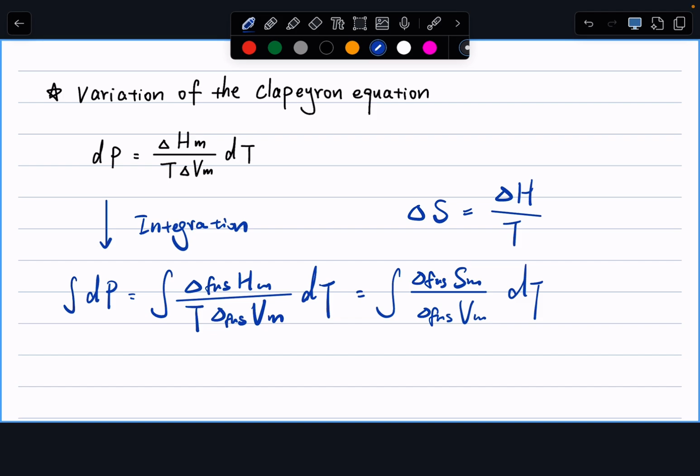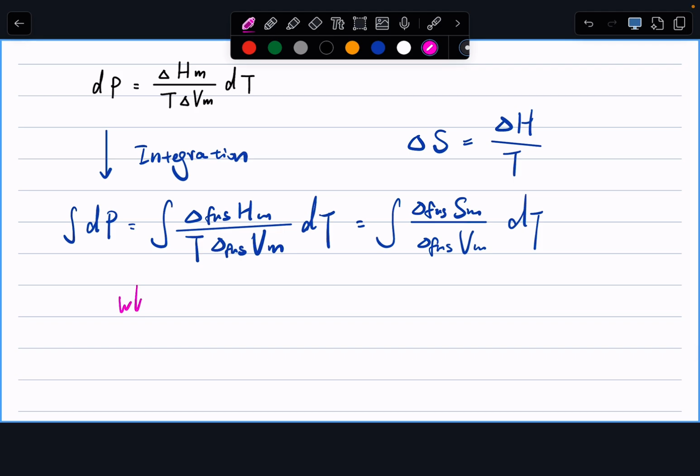So the approximation, like what we did before for the ideal gas approximation, in this case we're also making an approximation. That is, when my change of pressure is small, that is, within like 100 atm or something. Like we'll make sure it's a very clear number that the change of pressure is small.